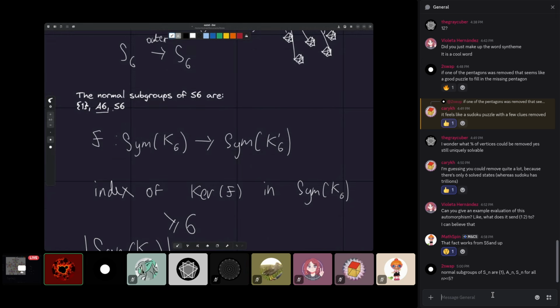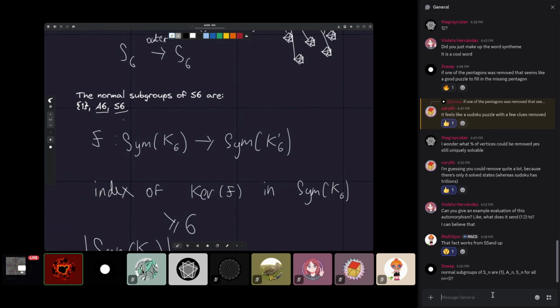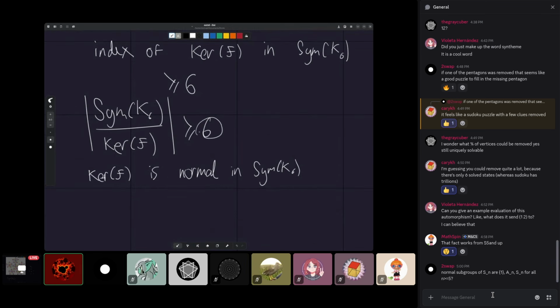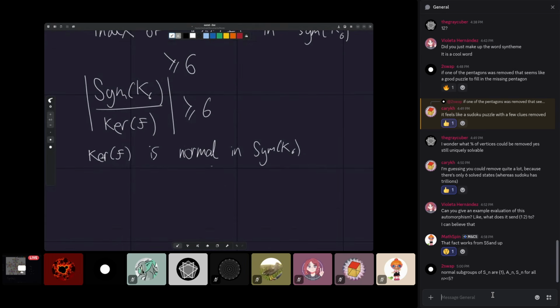This one, A6, has index 2. So if you quotient by A6 here, you're only going to get 2. It's too small. If you quotient by S6, you're going to get 1, which is too small. So the kernel has to be trivial. So therefore, the kernel of F is trivial, and therefore F is an isomorphism.